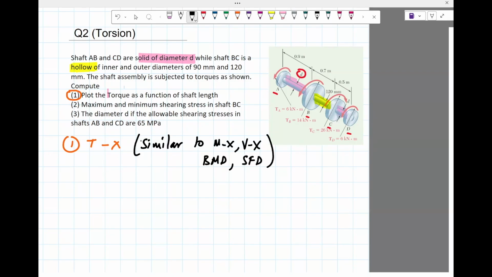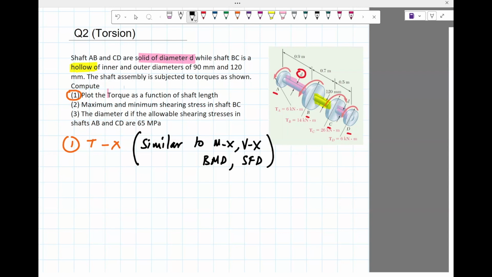There's no real good shortened name for this particular diagram. You can call it torque diagram if you want, but nobody calls it TD. So I'm just going to go TX diagram. We'll draw the torque diagram for this one, because you can see that each of the shafts have different torques. So we need to draw that.